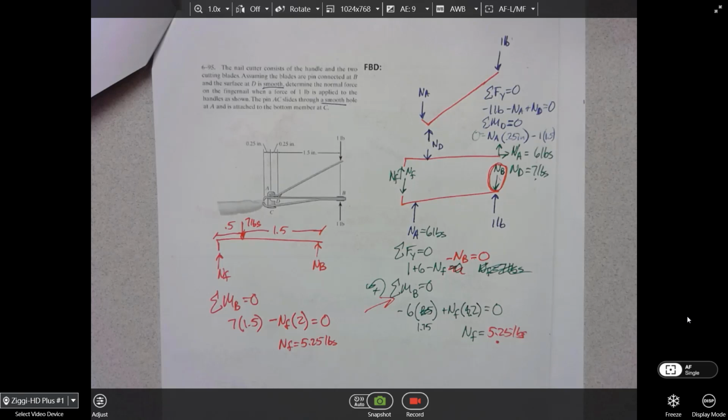I convinced myself that this was right, because then I was upset and I said, well, let's do the same thing but on the top blade. And it turns out that the normal of the finger is also 5 1/4 there. So by doing it in both locales, I'm going to get the correct answer. But it turns out that we actually didn't need the top blade. We could have done it without it. Yeah, you could have done it without the top blade. I just did it to check myself because I'd already wrecked myself.